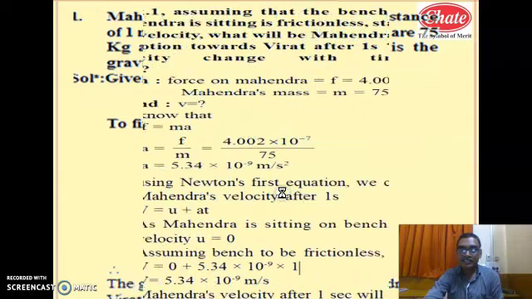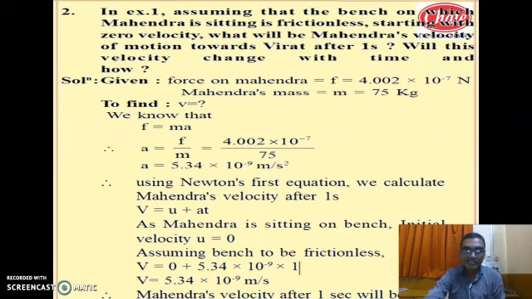Let us see the next question based on the same concept or same problem. In example 1, assuming that the bench on which Mahendra is sitting is frictionless, if the surface on which Mahendra and Virat sit is frictionless, starting with 0 velocity, meaning initial velocity 0, what will be Mahendra's velocity of motion toward Virat after 1 second?